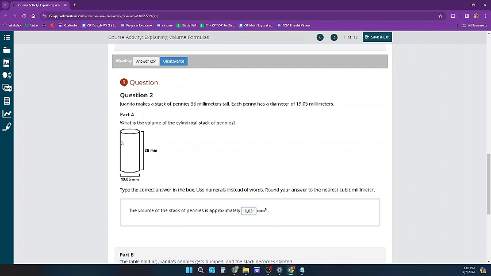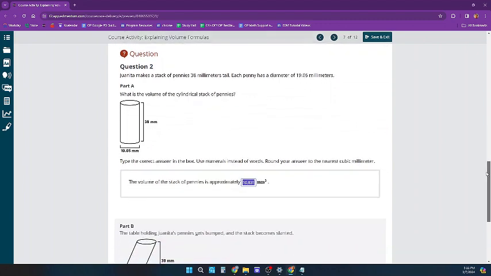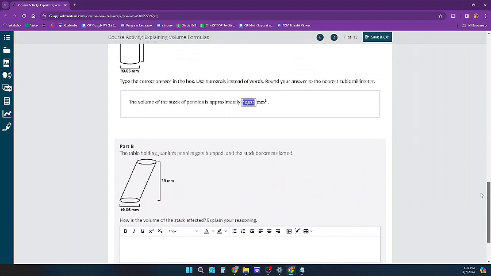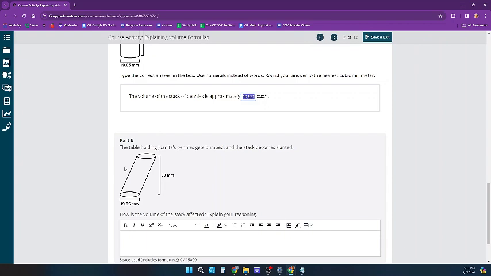And that is all for question 2, part A. Moving on, we go to question 2, part B. What this tells us to take a look at is what happens if the table holding one of these pennies gets bumped and the stack becomes slanted? How is the volume affected? And of course, explain your reasoning.